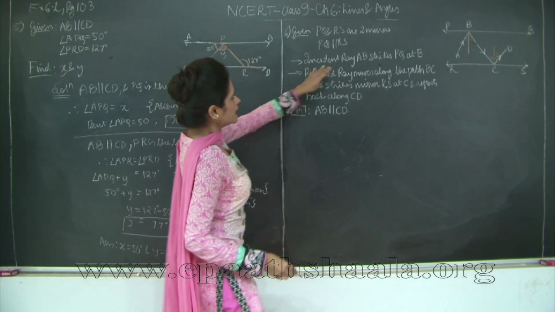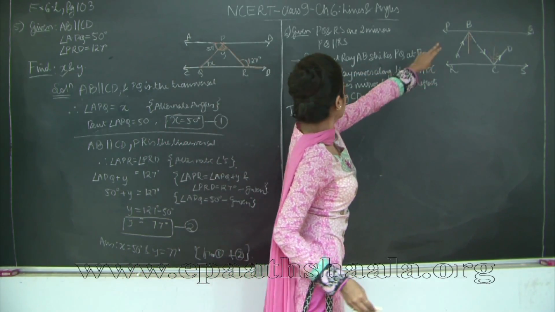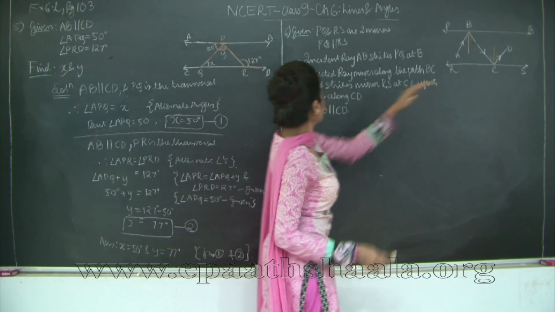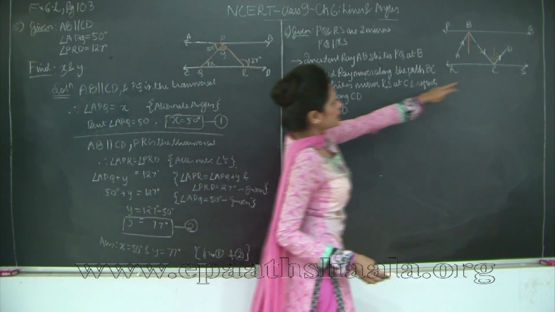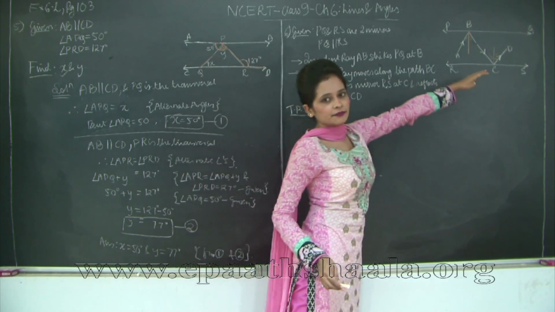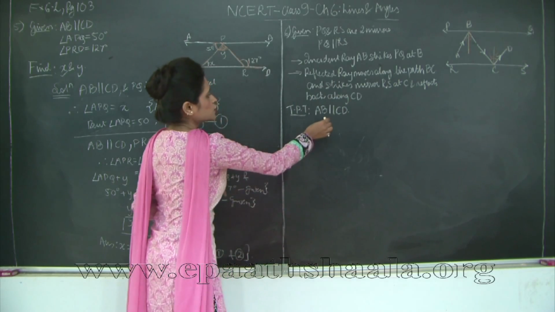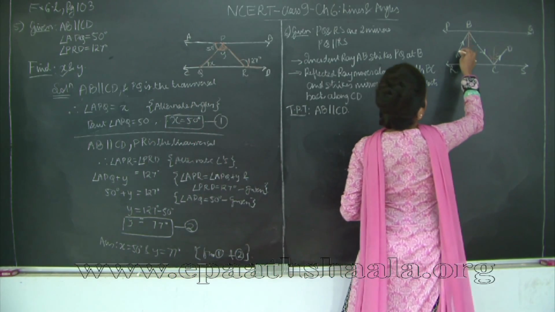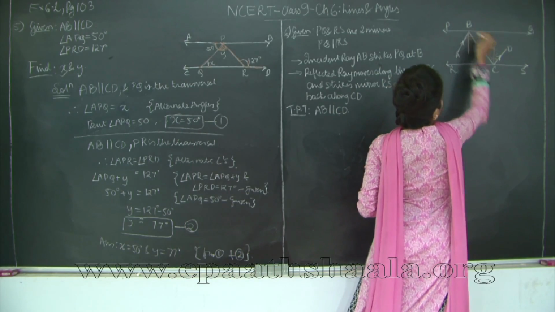So let's read. Incident ray AB strikes PQ at B. The reflected ray moves along the path BC and strikes the mirror RS at C, and it reflects back and moves along CD. Now what we need to do is prove that AB is parallel to CD. So we need to prove that this line AB is parallel to CD.